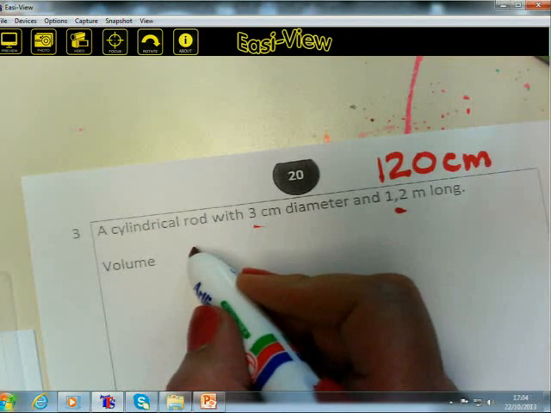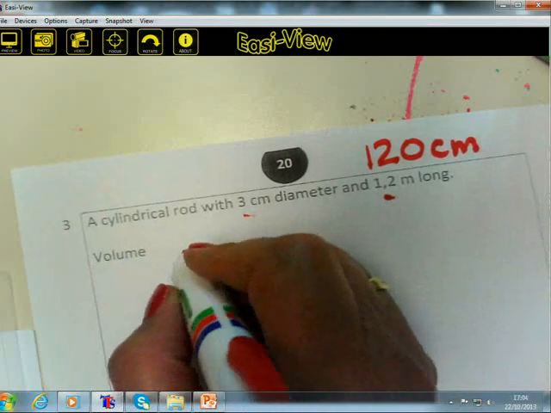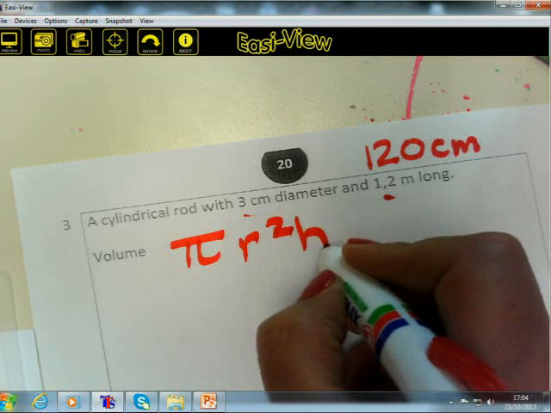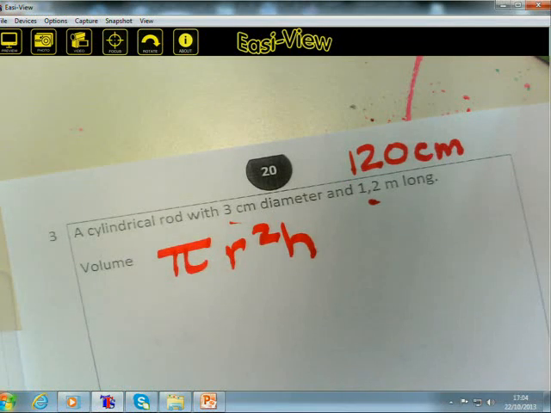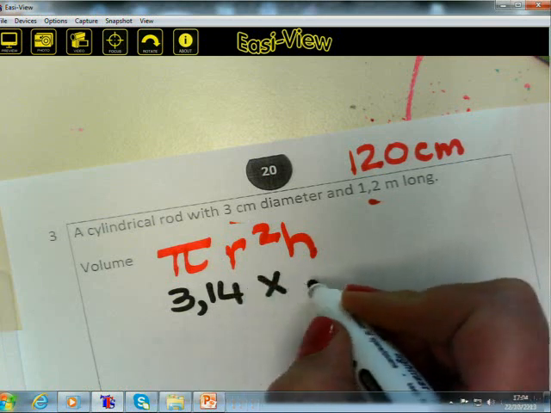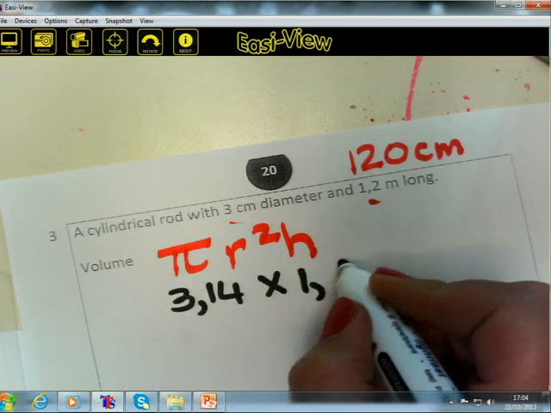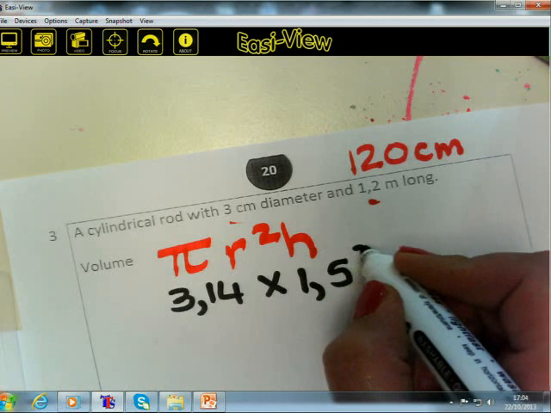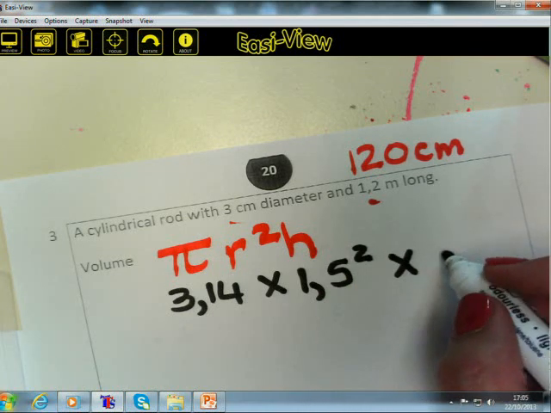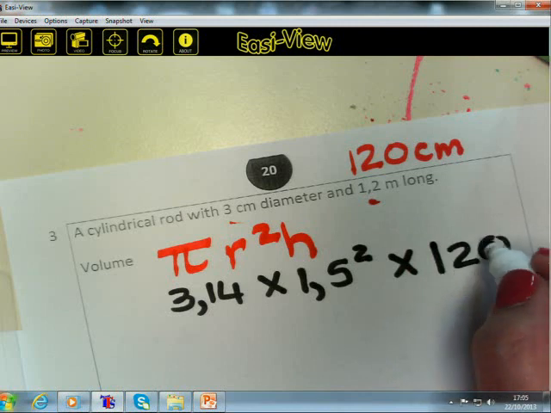The volume of the cylinder is given by the formula pi radius square times height. Pi again, 3,14 times the radius is 1,5 square times 120.